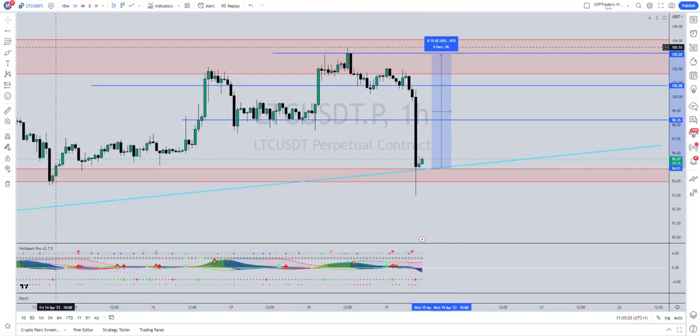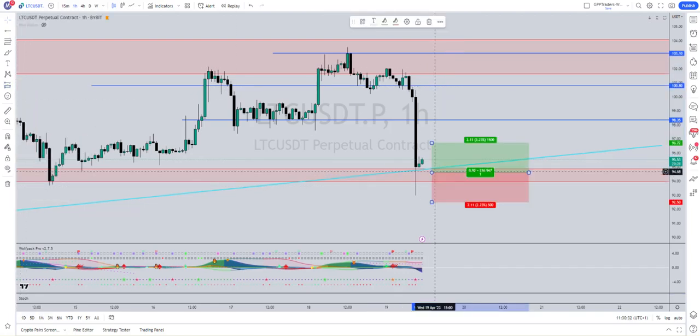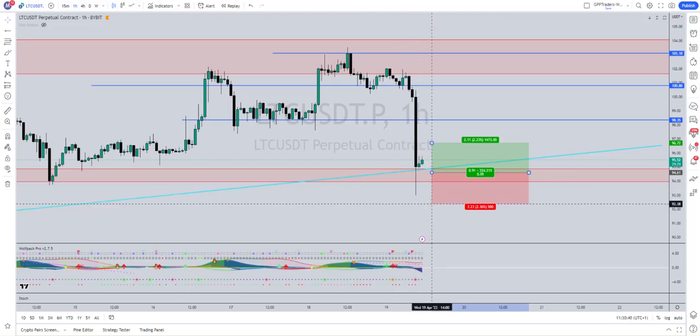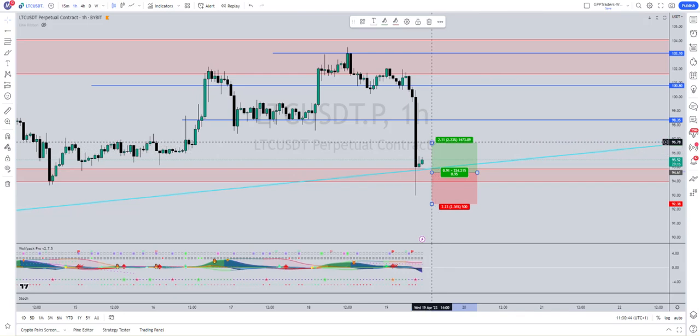So from a risk reward perspective, we are potentially going long just around here. Let's put it under the pin bar. You actually want to make sure that with the average true range, you've got enough space for that price movement, and we are looking at around 2 to 7, that is just over 2.5 from a risk reward perspective.